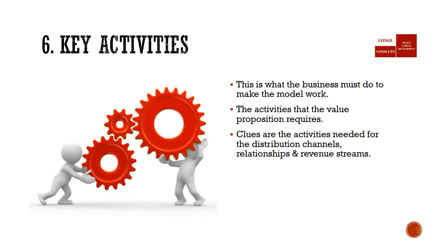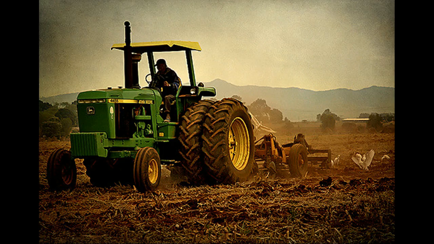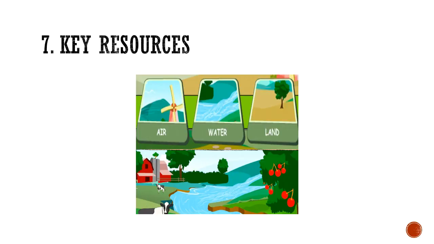For example, if you're a caterer, you need to deliver your goods to your customer at the end of business or to round up the business. You may be looking at activity like transportation. Or if you're a farmer, you may be looking at activities like preparing the ground, getting fertilizers. What are the key activities that you need to do for you to serve your customer segments with the value proposition that you have?